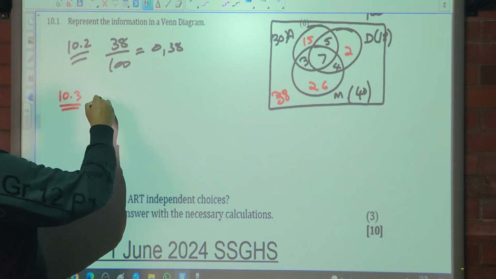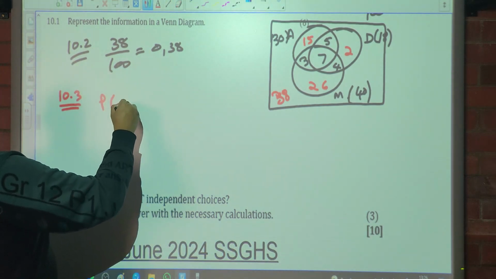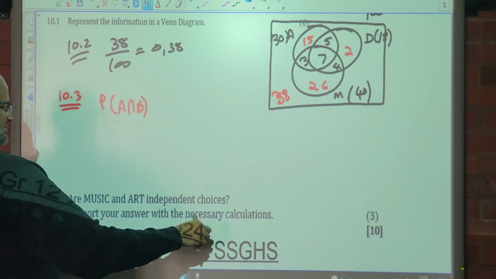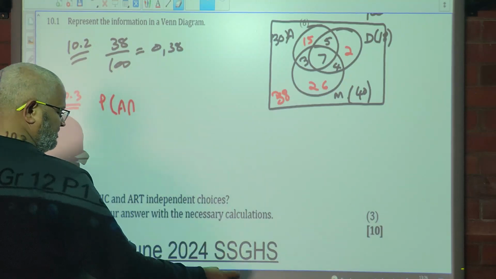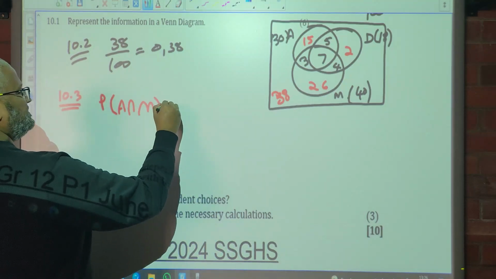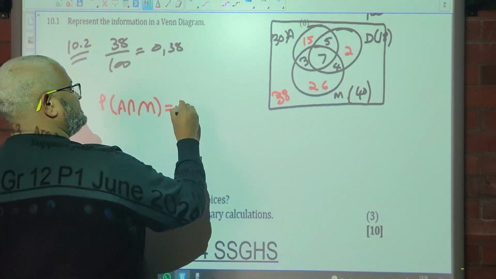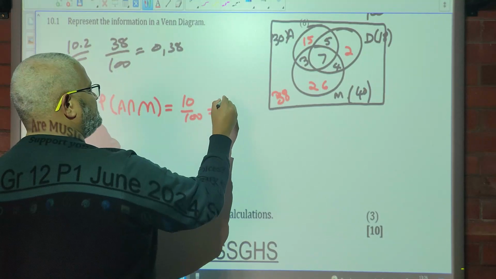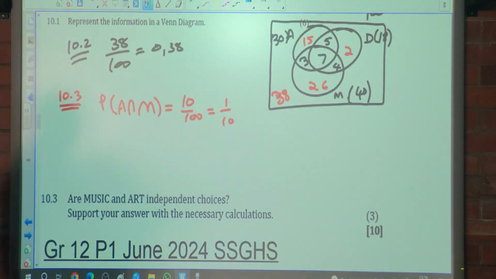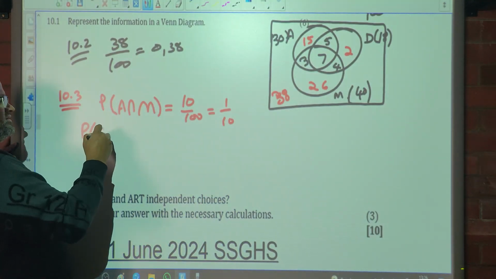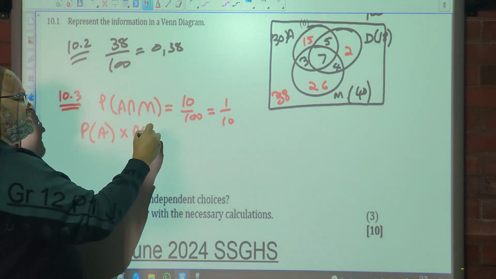So you say the probability of art and music is what? Probability of art and music is 10 out of 100, which is 1 over 10. So what's the probability of art times the probability of music?